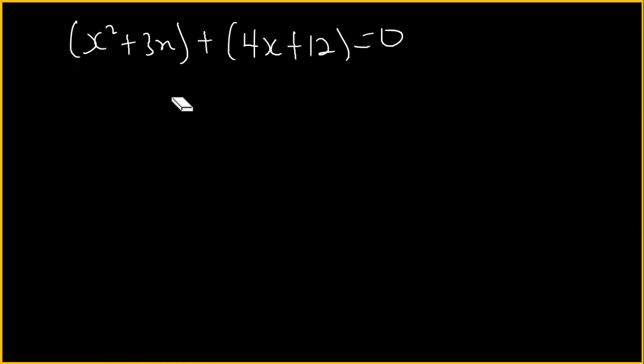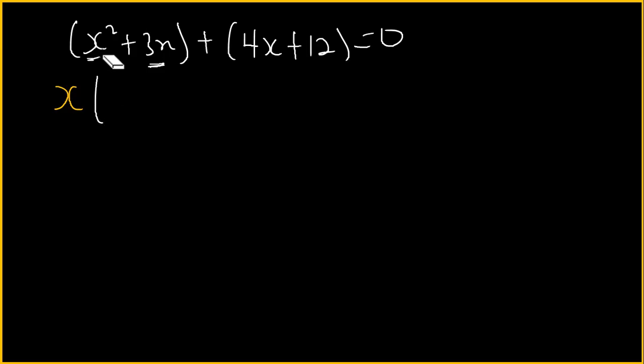So from here we are going to factor out the common expression. From the first bracket we have x squared, we have 3x. So there is an x, there is an x. x is taken outside the bracket.